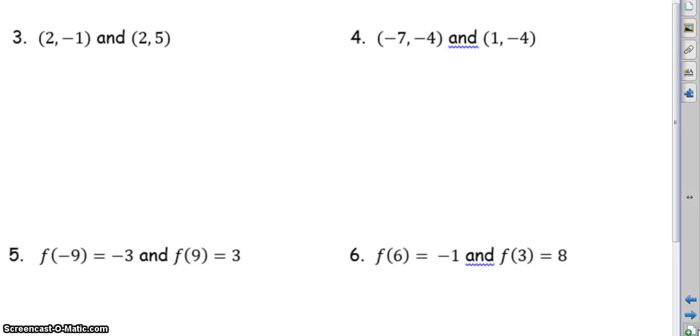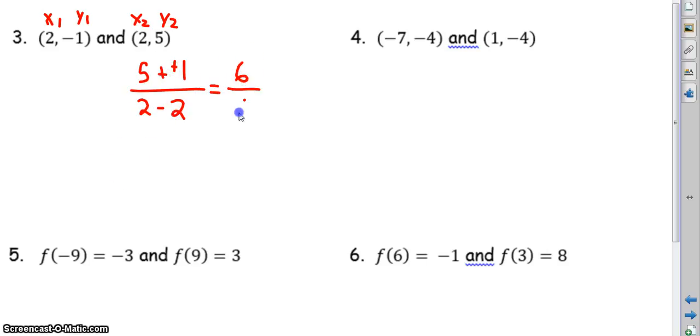Our third example has 2 points, 2, -1, and 2, 5. I'm going to mark them as x1, y1, and x2, y2. So we would have 5 minus -1 over 2 minus 2. So the top would become 6, the bottom would become 0.